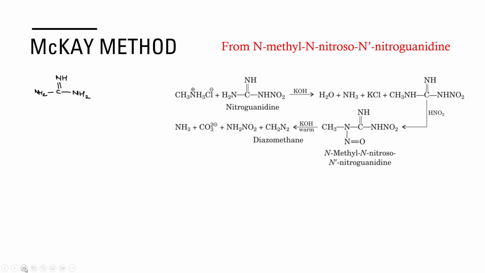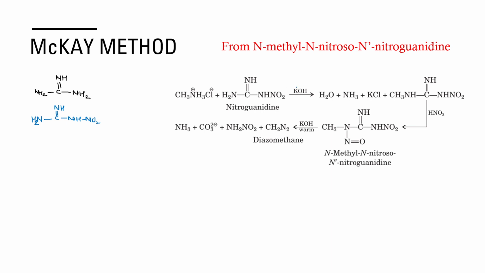This is guanidine, and we are taking nitroguanidine over here. So if we are taking nitroguanidine, rather than a hydrogen, you will put a NO2 group over here. So NH2 C double bond NH NH NO2. Okay.